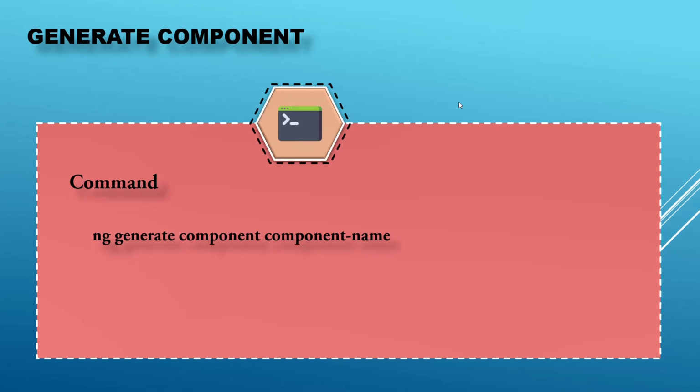This is one command. Or you can use the shortcut ng space g space c, then your component name. By going to the terminal and typing this command, Angular will create a component for you.